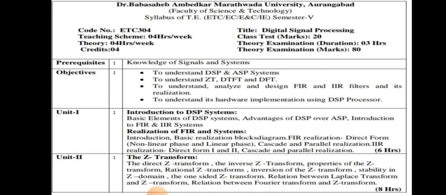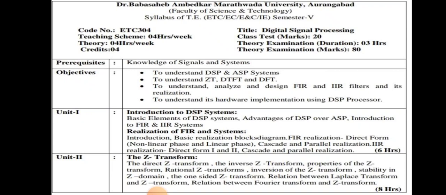Okay, now the prerequisites, that is what is expected from all of you before studying the DSP. So the knowledge of signals and systems, as if you have opted for the signals and systems in second year, then you must know the basics of the signals and systems.